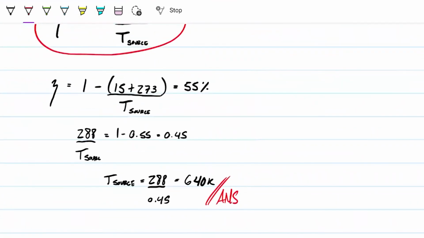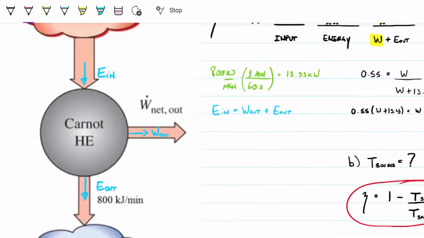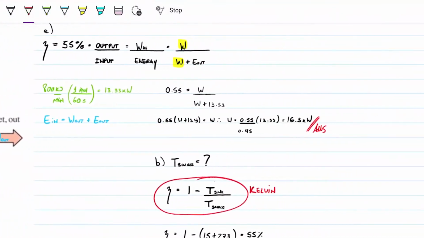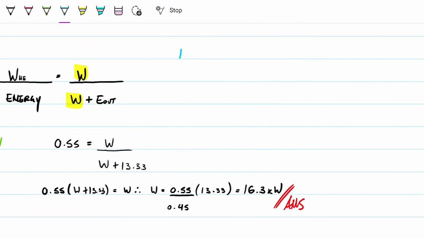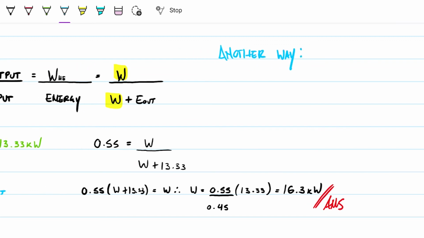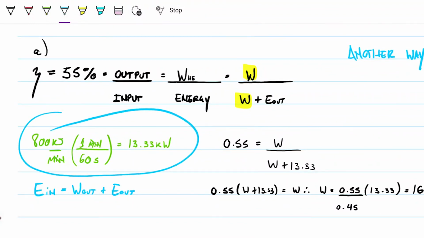Okay, so simple analysis, once again, just relating the idea of efficiency back to this simple Carnot cycle. Now, before we go, just another way to do this, right? This is the logic that I used when I solved this. I knew from the start that the heat being rejected was 13.33.